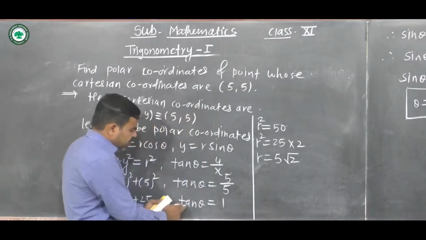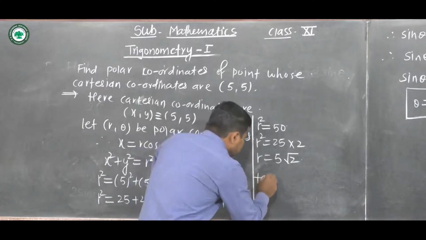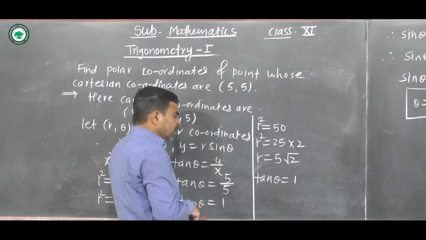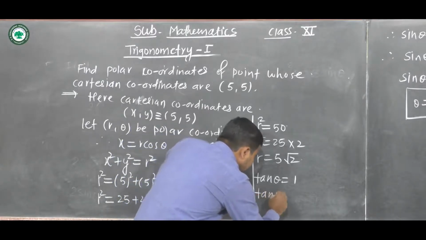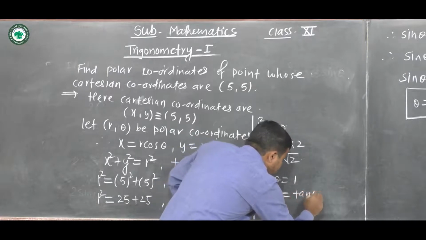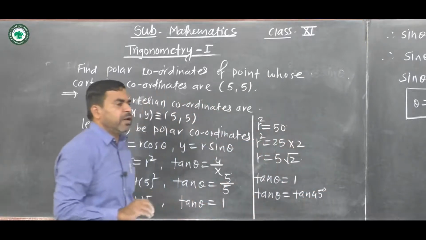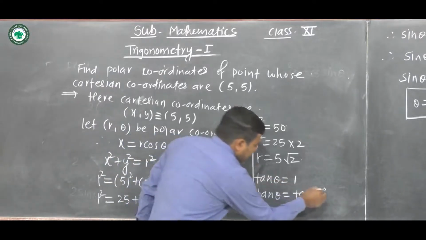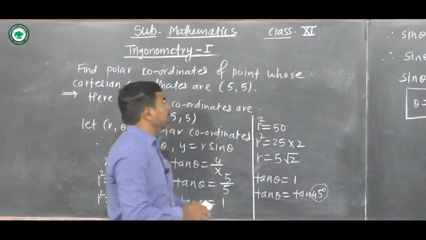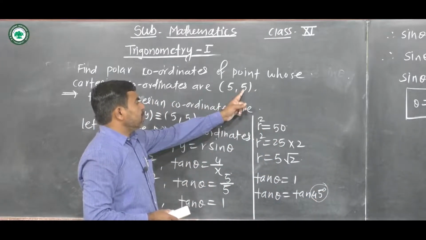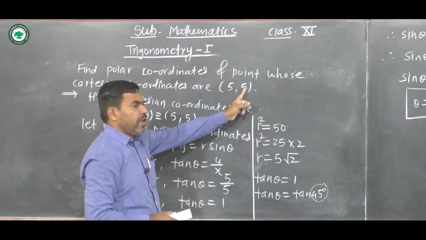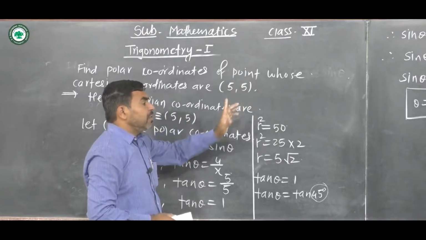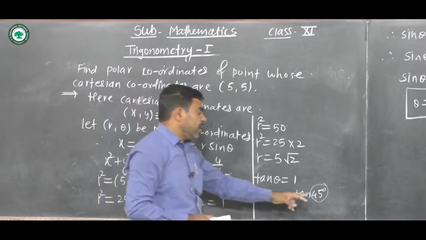Also we have one equation, tan theta is equal to 1. Now tan theta is equal to 1, and this 1 can be written as tan of 45 degrees, because tan 45 degrees is 1. By using allied angles we can write another angle except this 45 degrees, but the point on the terminal arm is 5 comma 5, and this point lies in the first quadrant. It means your angle theta is an acute angle, so we write 45 degrees.